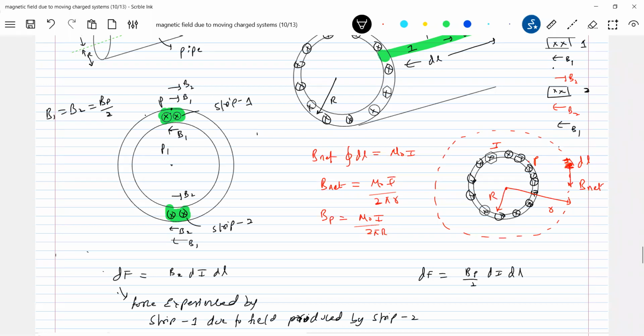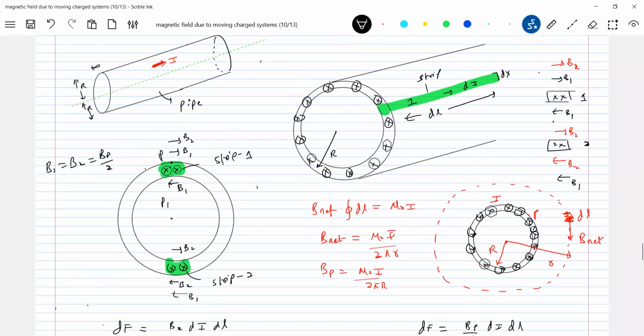Further, what is di? What is the current per unit length, I by 2 pi r? Because the total current is I on the surface of the pipe, so lambda will be I by 2 pi r. This is lambda, not any other symbol.